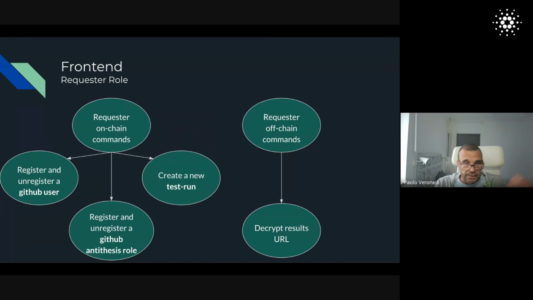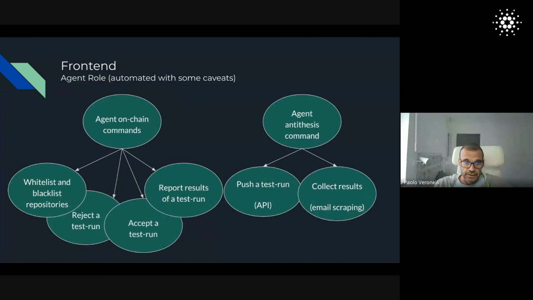So yeah, this is what is going on in depth. So a requester can register itself or another user, register a role and create tests. Also, a small aspect: the URL of the results is encrypted, so that it is on chain, but only the requester can actually look at the results of the test run.